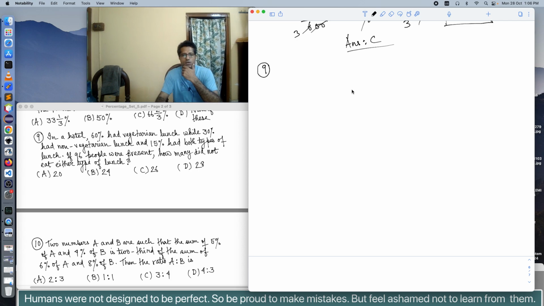Now, the thing to understand is that the 60% who had vegetarian lunch also includes the people who had both types of lunch, and also the 30% who had non-vegetarian lunch includes all those persons who had both types of lunch.